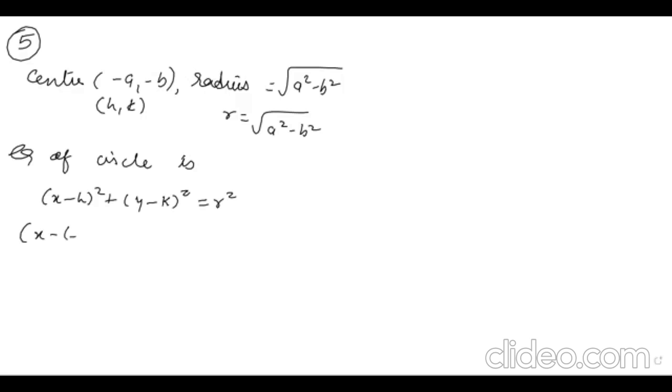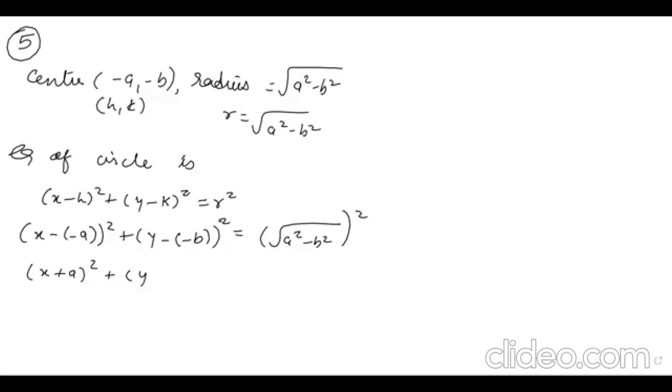So x minus minus a whole square plus y minus b, that is minus b whole square, is equal to square root a square minus b square whole square. So here it will be x plus a whole square plus y plus b whole square is equal to a square minus b square. So x square plus 2ax plus a square, y square plus 2yb plus b square is equal to a square minus b square.